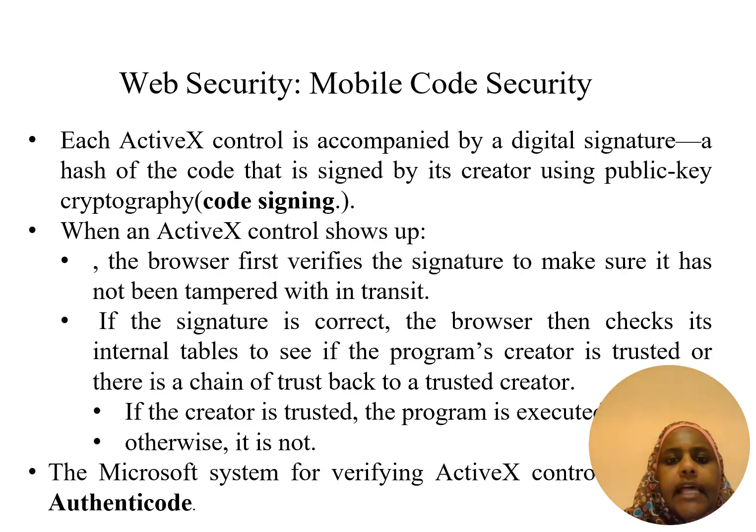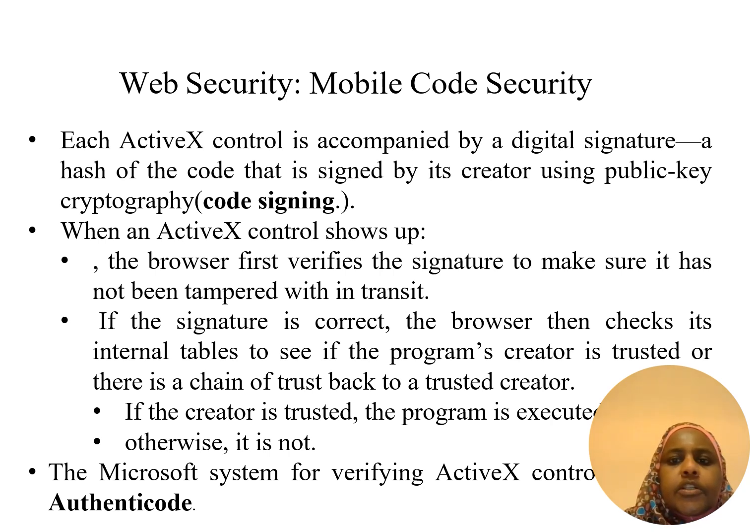ActiveX controls have a different attempt for security. It comes with a digital signature, a hash of the code signed by the creator using public key encryption. This is called code signing. When an ActiveX control shows up, the browser first verifies the signature and makes sure it has not been tampered with.